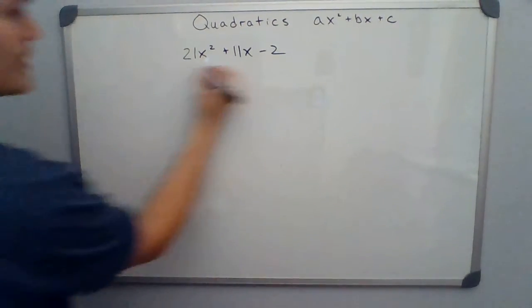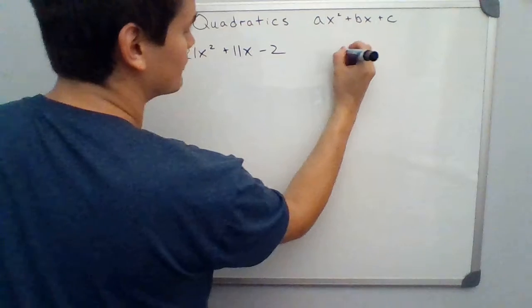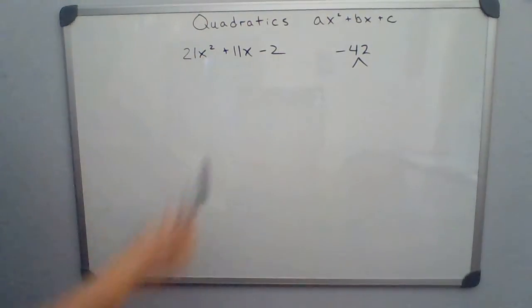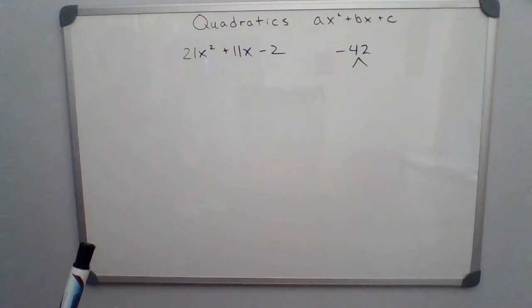But okay, so here we have 21 times negative 2, which is going to be negative 42. And I'm looking for the factors of negative 42 that will sum together to be 11. So I know, since this is a negative, one of those factors is going to be a negative number. So actually what I'm looking for is a difference of two numbers that multiply together to be 42.